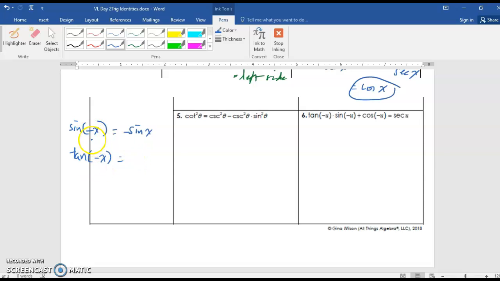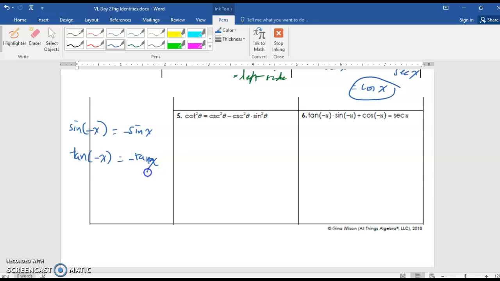So these two graphs are symmetrical over the origin and hence they are odd functions. So sine of negative x is negative sine x and tan of negative x is negative tan x.